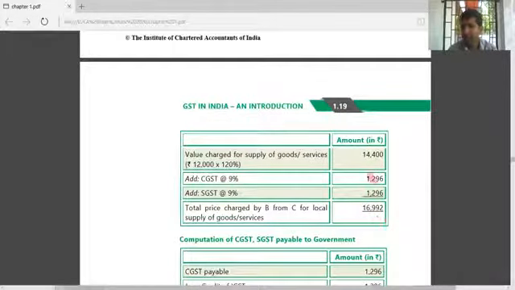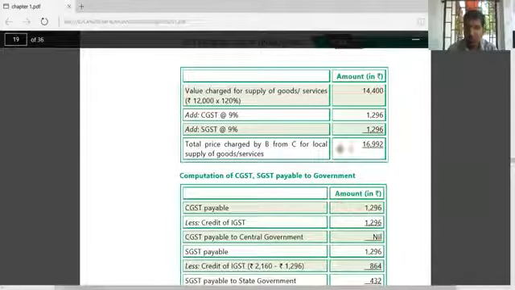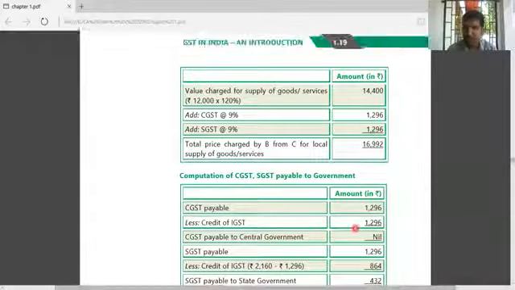Okay, and 1,296. So against the CGST, SGST, the second stage person collected IGST. He has paid IGST, so that tax credit he can avail and he can adjust it against the CGST and SGST. So CGST payable 1,296 we have seen. Credit of IGST. How much IGST was there?